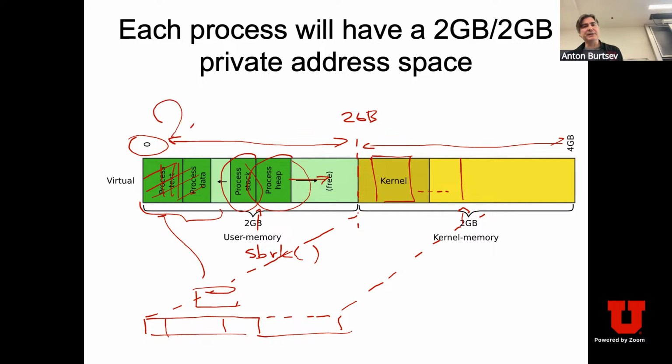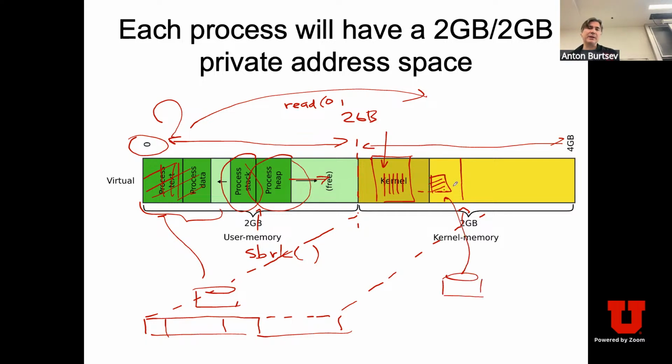And really speaking, what will happen is that when the process is running, it just executes here. When it invokes a syscall, let's say read of 0, that will, through a controlled entry mechanism, which will be using interrupts, transition into the kernel, start running in the kernel, performing the read system call, maybe copying some data back, because the kernel will first read the disk temporarily into a buffer here, and then it will copy it back to the address requested by the user, right?